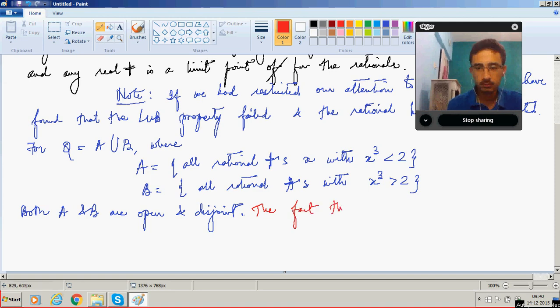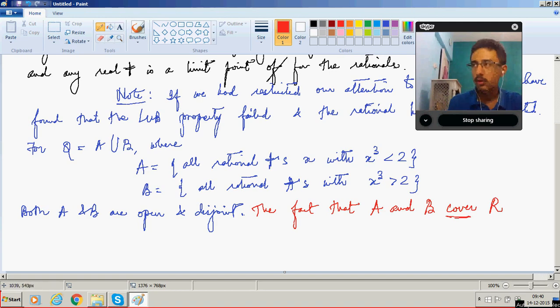The fact that A and B cover R. Cover is a technical word, we will use it very often. I think I had explained it to you in set theory.